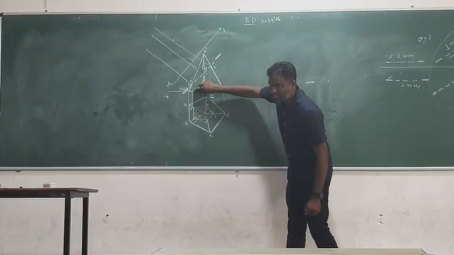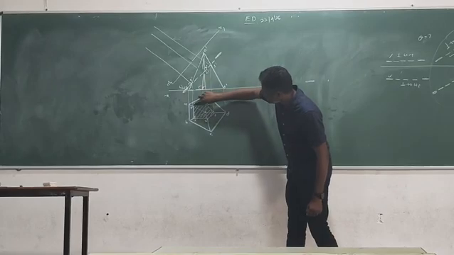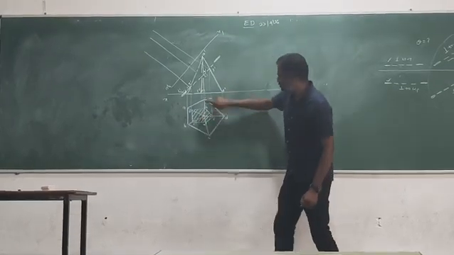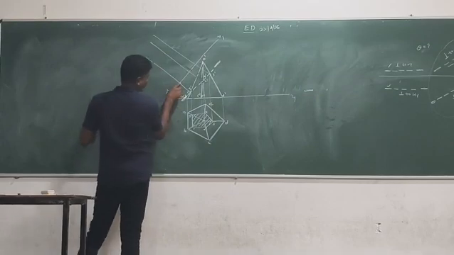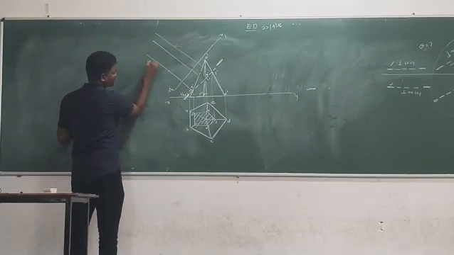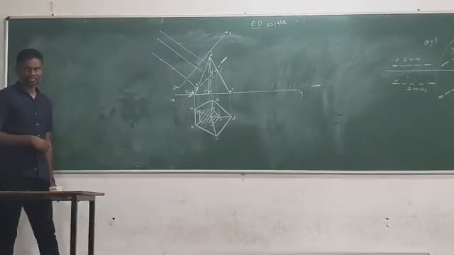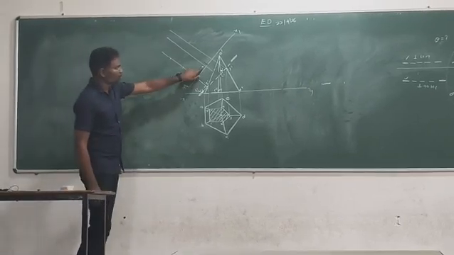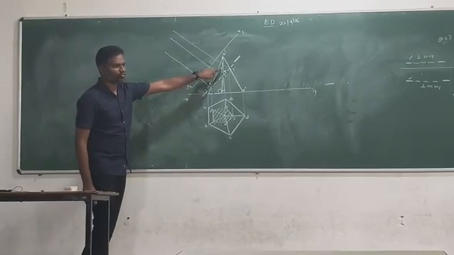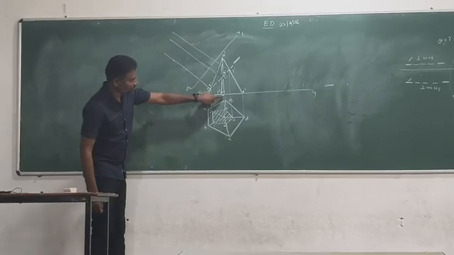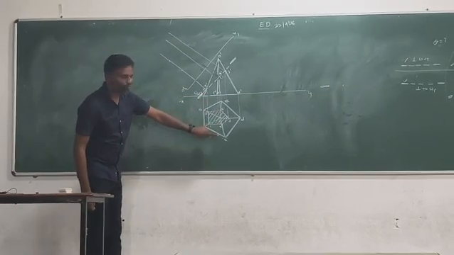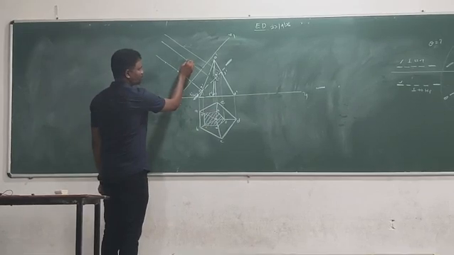You put the distance from here. 5 is here, 1 is here. And on this perpendicular how many points are there? 2 and 4. From the original XY line, you measure the distance of 2 and 4.